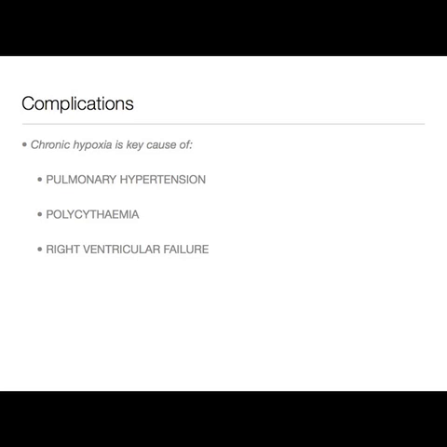However, there are some important sequelae. These are pulmonary hypertension due to persistent constriction of pulmonary arteries, and secondary polycythemia, which is a response mediated by the kidneys with increased production of EPO and a resultant increased red blood cell production.